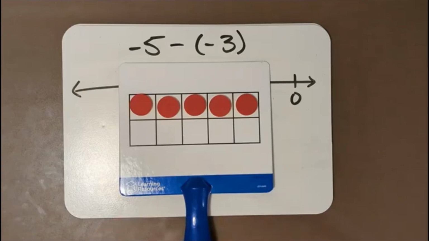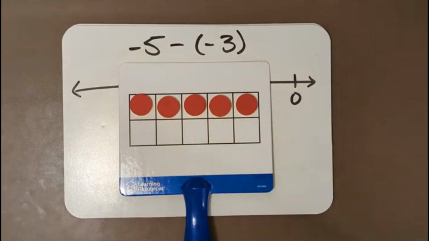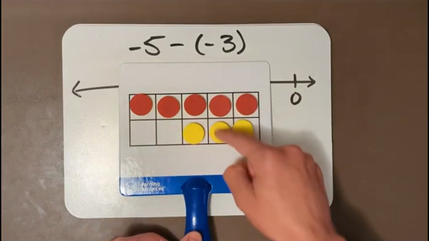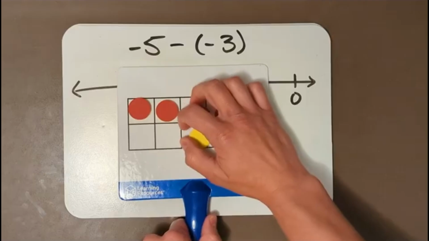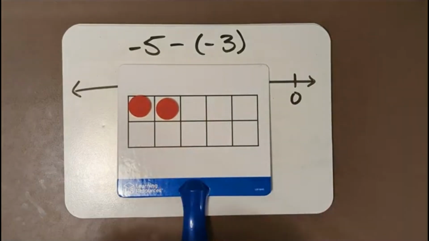Starting with the negative 5, we want to subtract a negative 3. How we're thinking of this is we're just adding the opposite. So we're adding positive 3, and then these all form zero pairs. We can remove those, and that leaves us with negative 2, or 2 red counters.